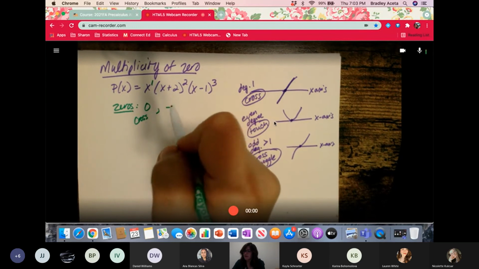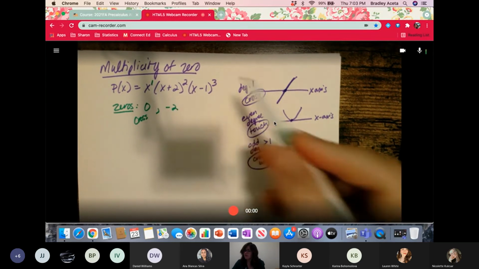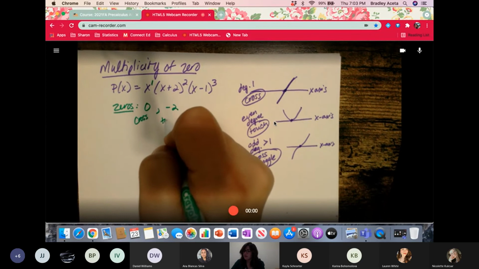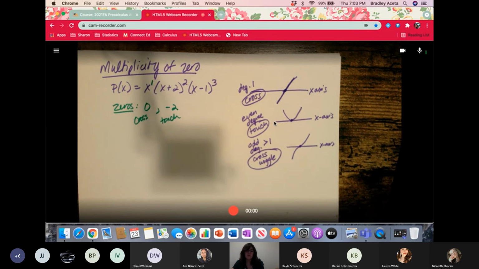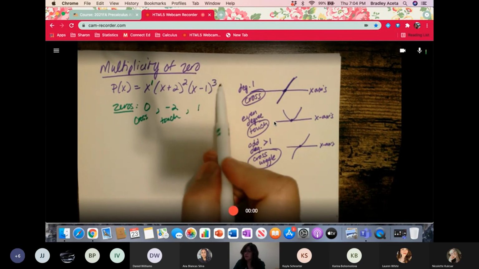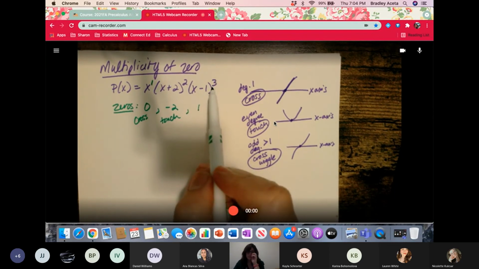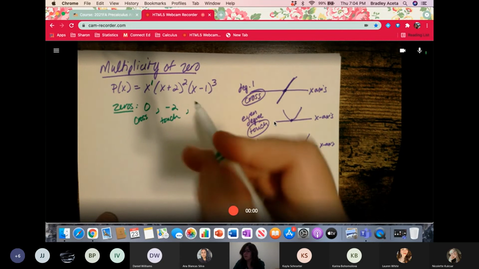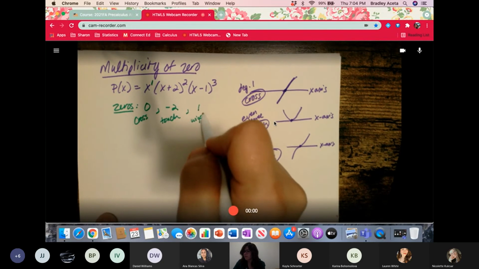This 0 would be negative 2, and it's an even degree, so it's going to touch the x-axis at negative 2. And then this 0 is a 1, but it has an odd degree, so it's going to do a little wiggle at 1.